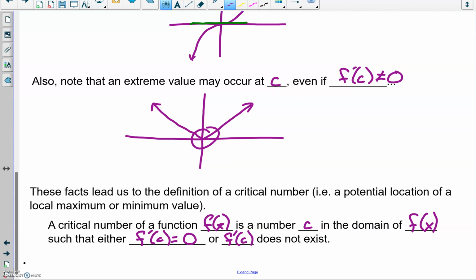These just give you candidates for your maximum and minimum locations, locals and absolutes. You look at where the derivative is equal to 0 and where the derivative doesn't exist, and there's a chance that you could have the maximum in there.